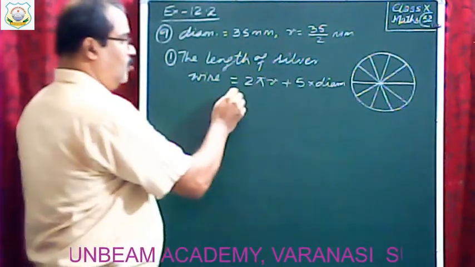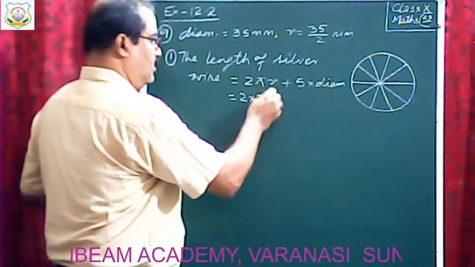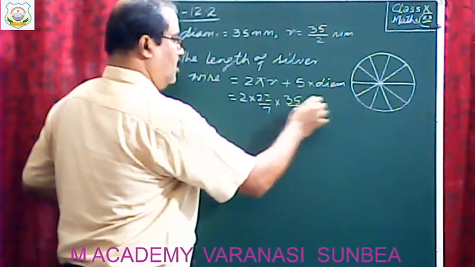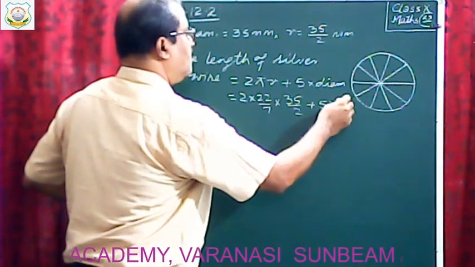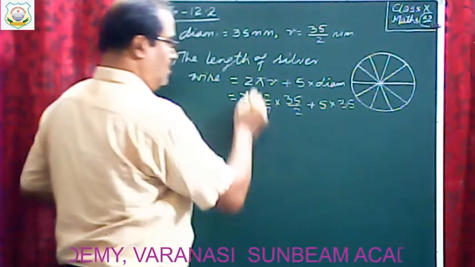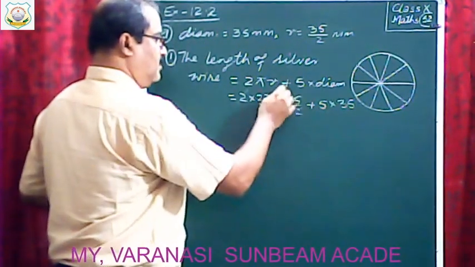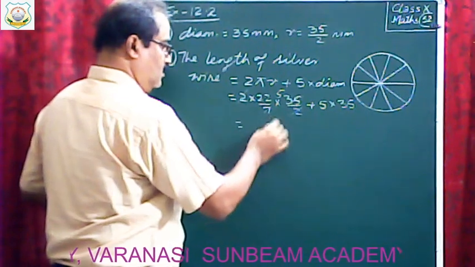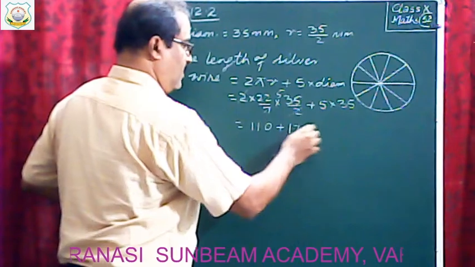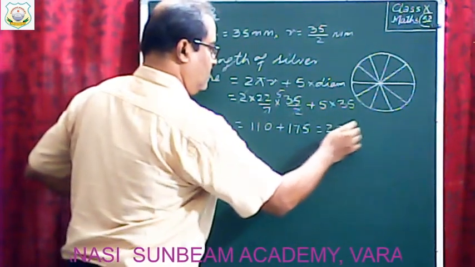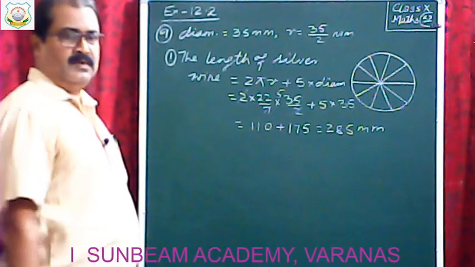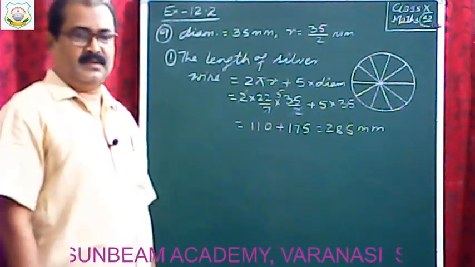So 2 into 22 by 7 into r, 35 by 2, plus 5 into diameter 35. So 2 cancels, 7 fives are 35, 110 plus 175, 285 millimeter. We get length of silver wire 285 millimeter.